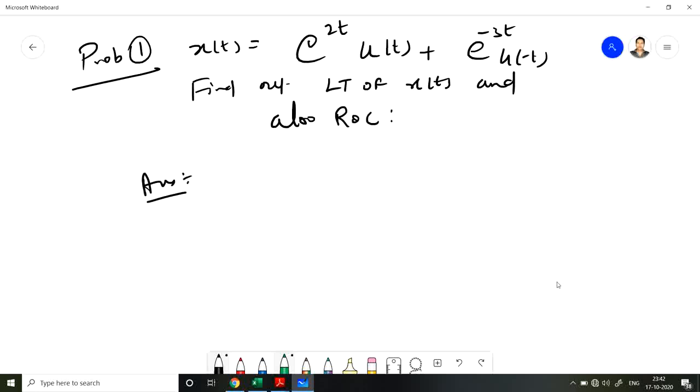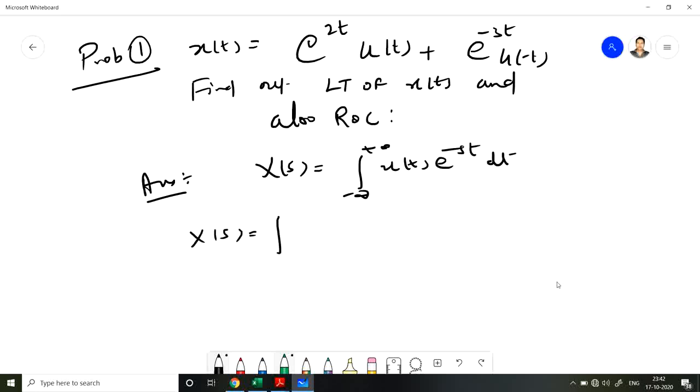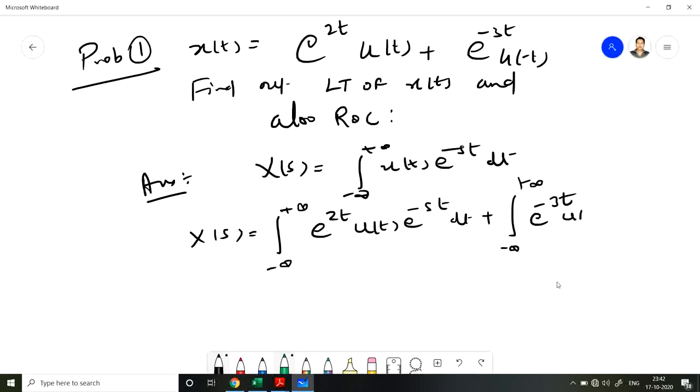So the solution is X(s) is basically the integral from minus infinity to plus infinity of x(t) e raised to the power minus st into dt. It is equal to the integral from minus infinity to plus infinity of e raised to the power 2t u(t) e raised to the power minus st dt plus the integral from minus infinity to plus infinity of e raised to the power minus 3t u of minus t e raised to the power minus st into dt.